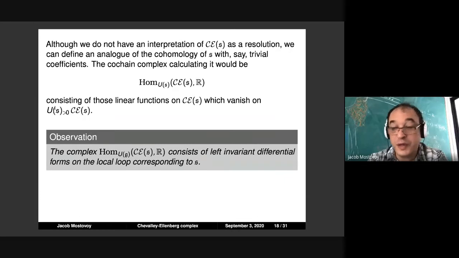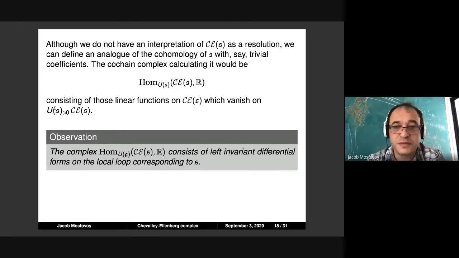So what we obtain is something quite meaningful. This is the complex of left invariant differential forms on the local loop, and the left invariant differential forms on a loop are defined in the very same way as on a group.